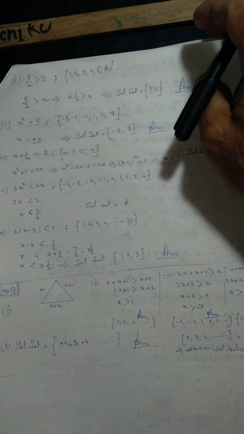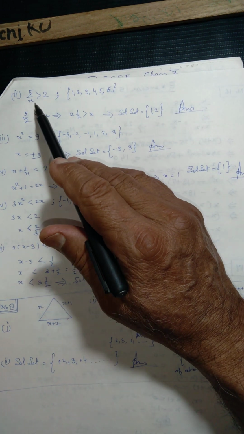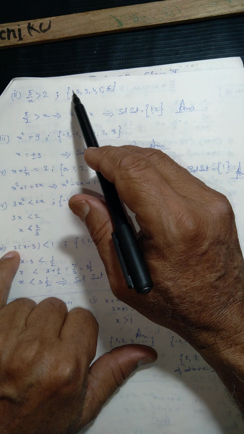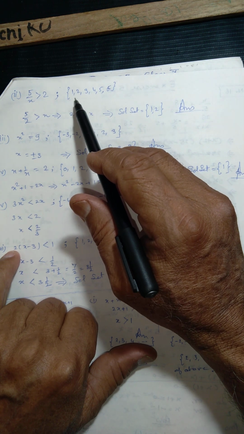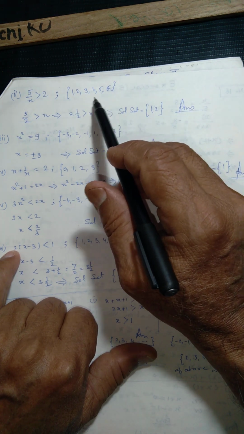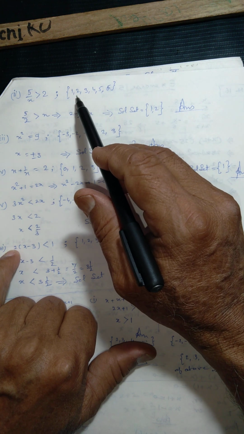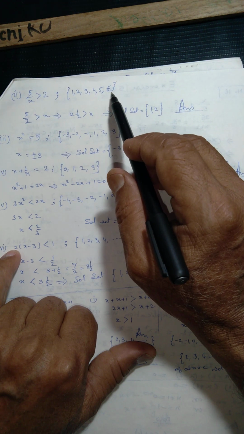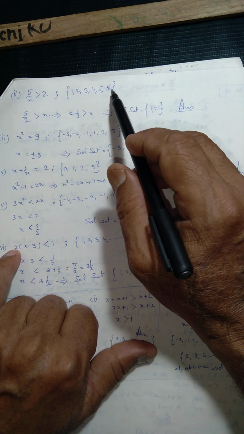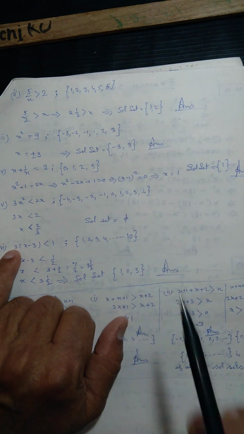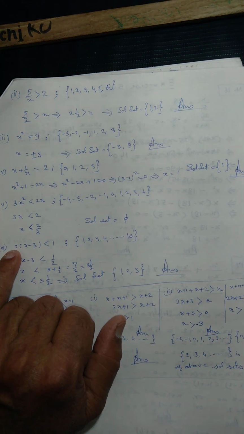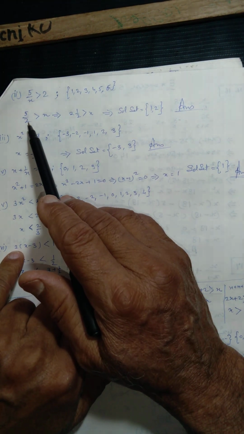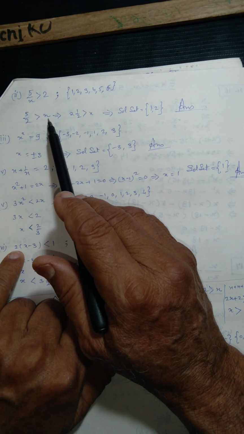Now the second part, 5 by x is greater than 2. The replacement set is given, or universal set you can say, 1 2 3 4 5 6. So 5 by 2 is greater than x.